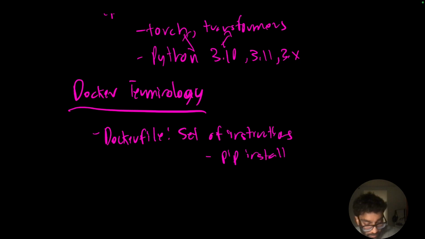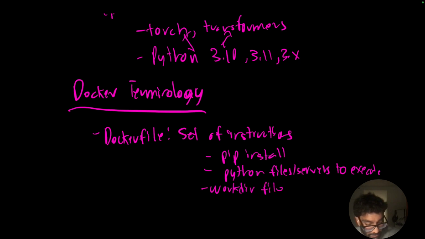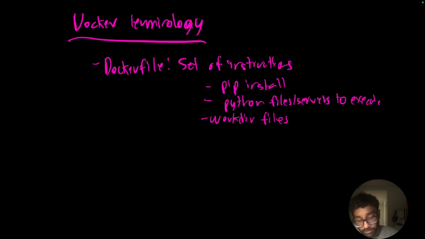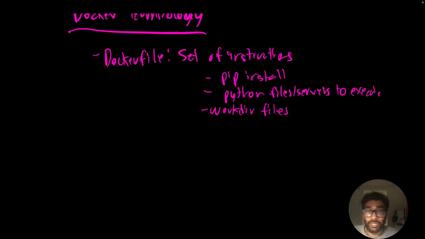We might be pointing towards which Python files or servers to execute. We might make a working directory with our different files. This is where we're giving the instructions in terms of how we bake our image, what needs to happen to build our Docker image.